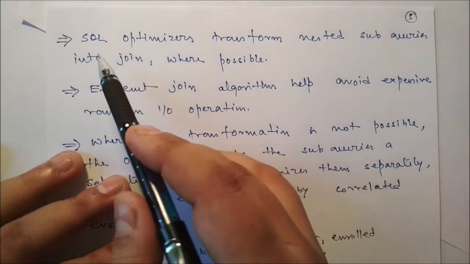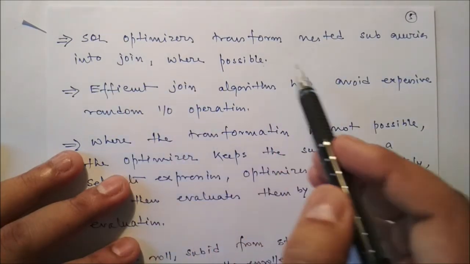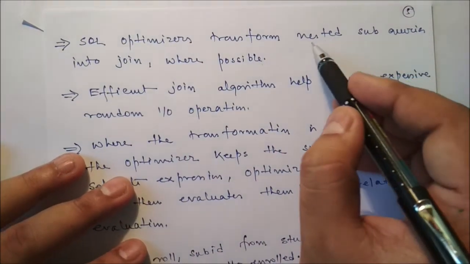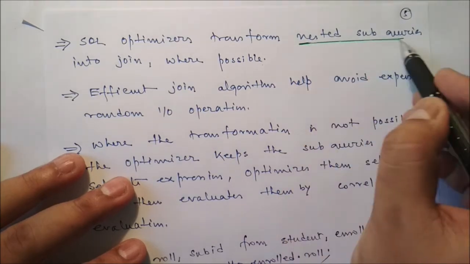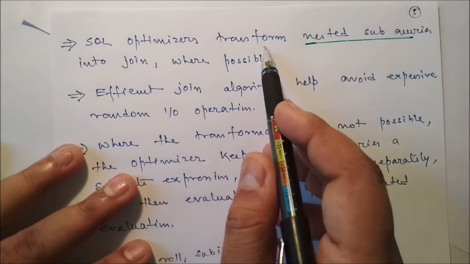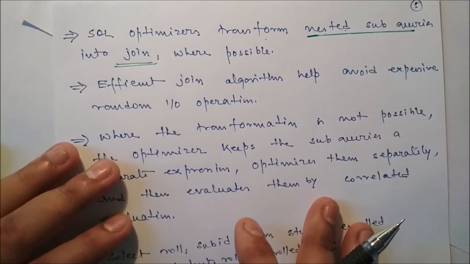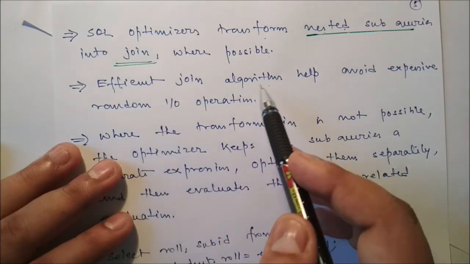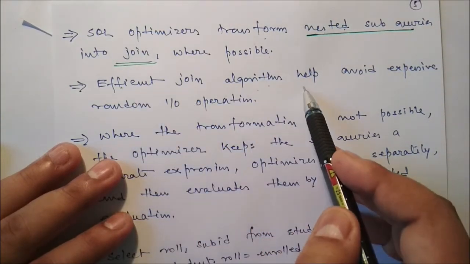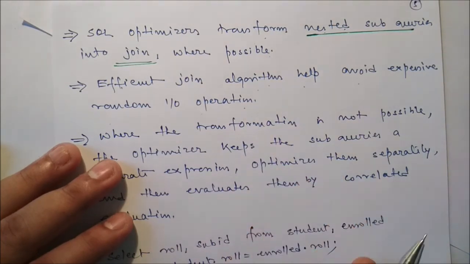Next, SQL optimizers transform a nested subquery into a join where possible. Already you have seen that a correlated subquery is a very time consuming process, so the SQL optimizer transforms the nested subquery into a join. An efficient join algorithm helps to avoid expensive random IO operations.